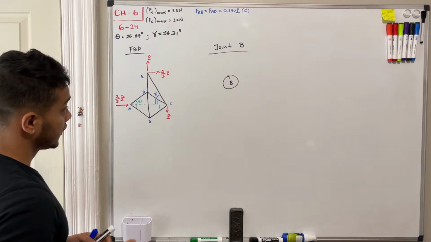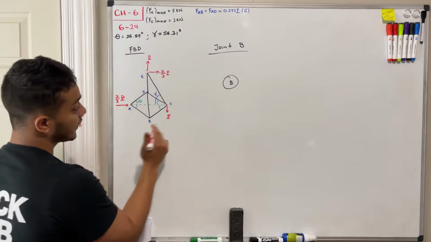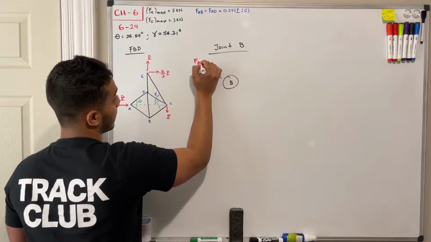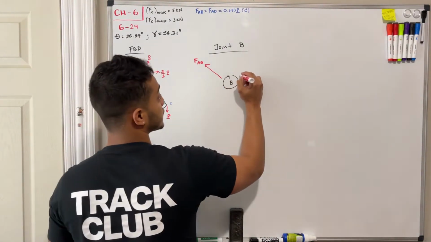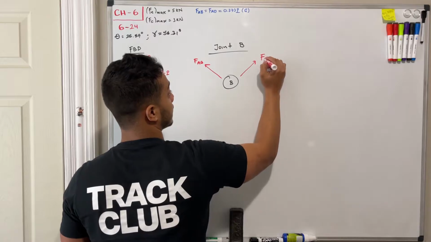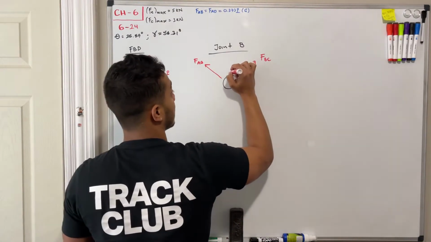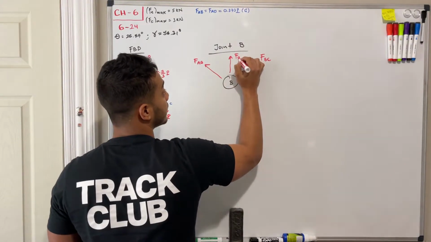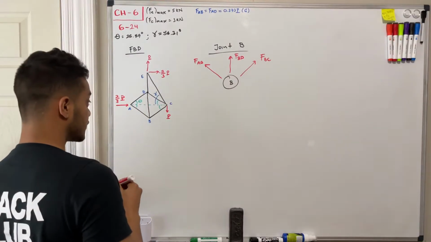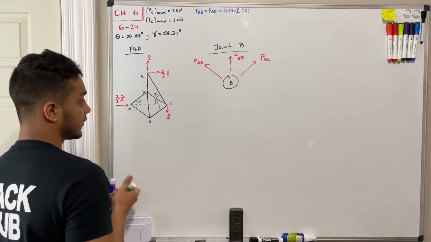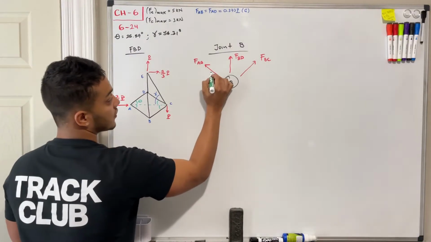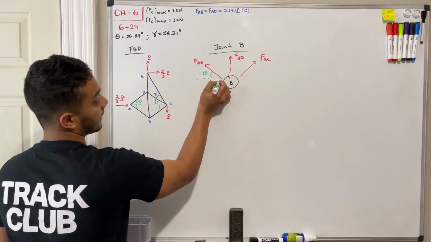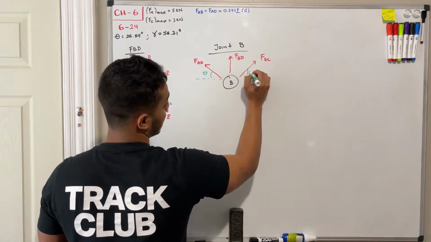At joint B, I have AB coming this way, so force AB, then my force BC, and last a force going up, that is my force BD. That's all I have over here. And don't forget, with respect to the x-axis, this one is also theta, and the same goes for this one, it will be theta.